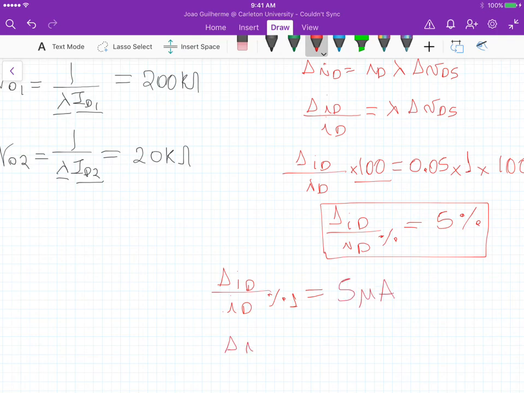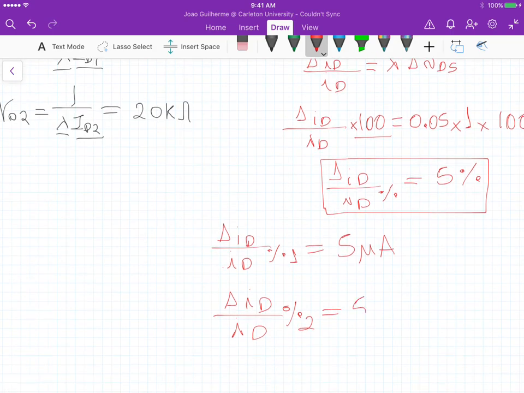And for the second current, delta ID percentage 2 corresponds to 50 microamps. But the percentage is the same. Now the absolute value changes because the magnitudes of the currents are different.